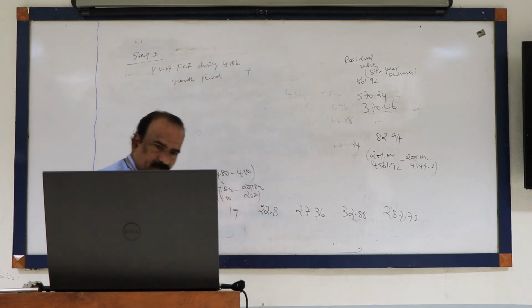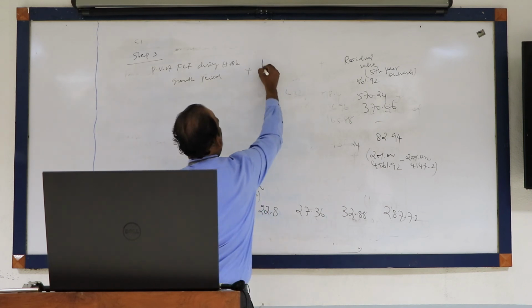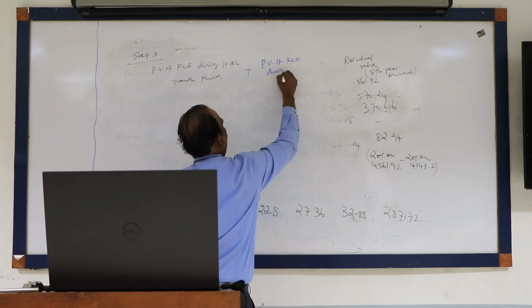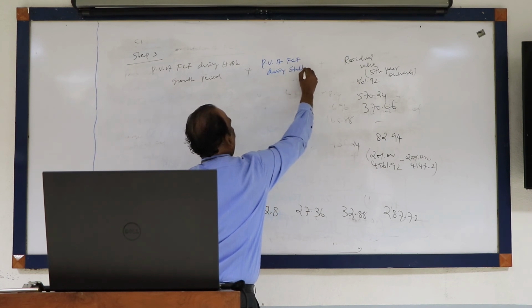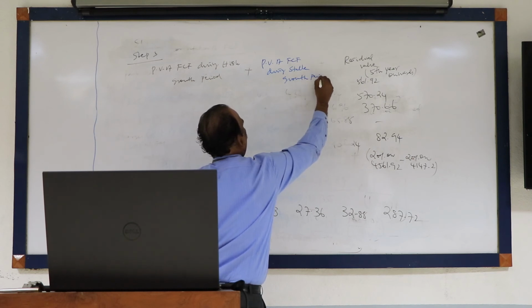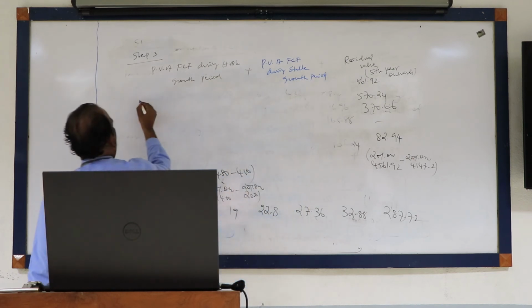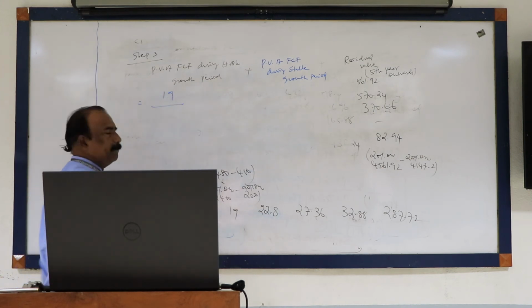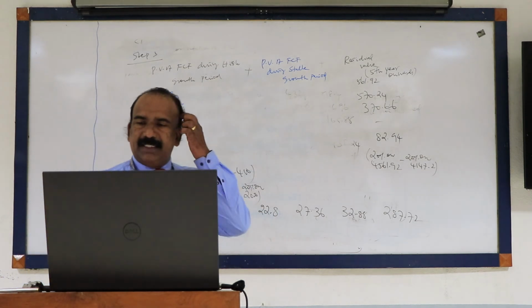plus present value of free cash flow during the stable growth period. That is 19 divided by, what is the WACC for the high growth?